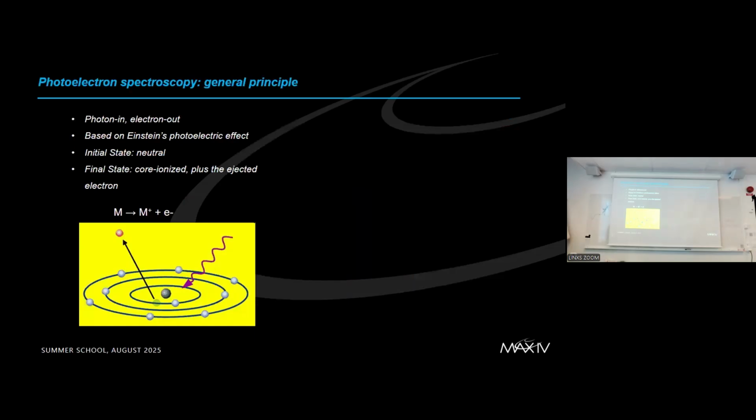Now, the general principle of photoelectron spectroscopy is very simple. It's a photon in, electron out technique based on the Einstein photoelectric effect, where you have an initial neutral state and a core-ionized final state plus one ejected electron, whose kinetic energy you are measuring.